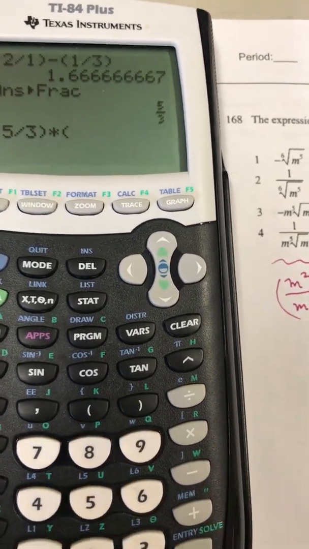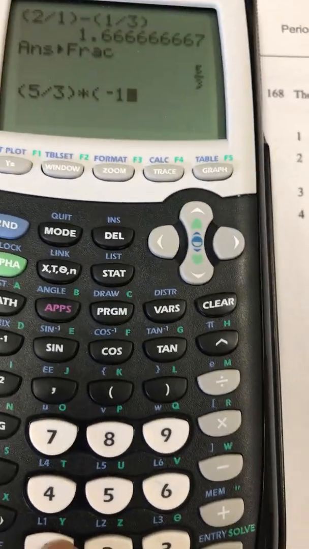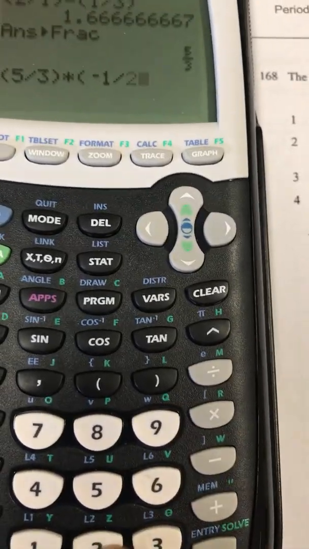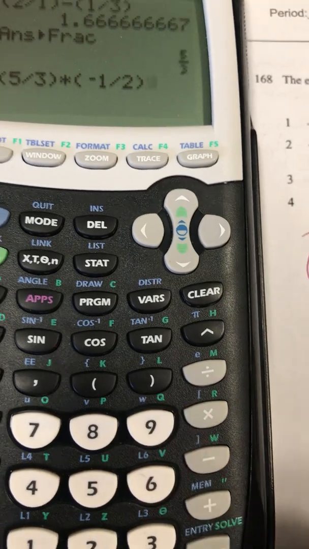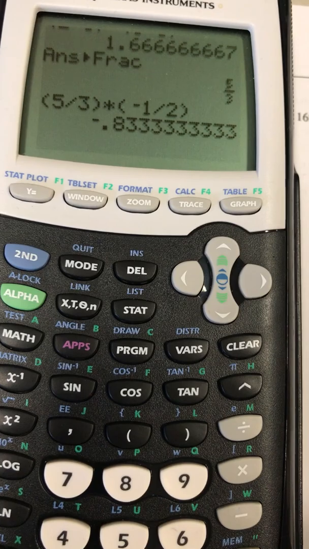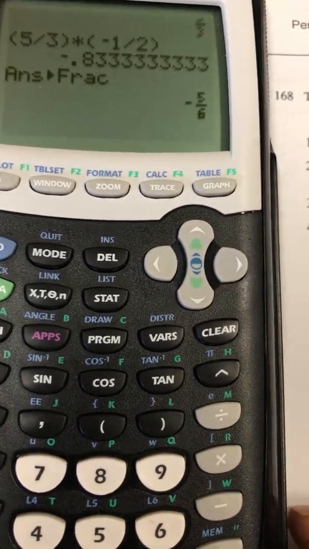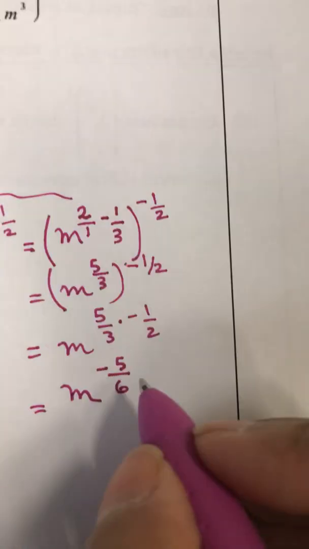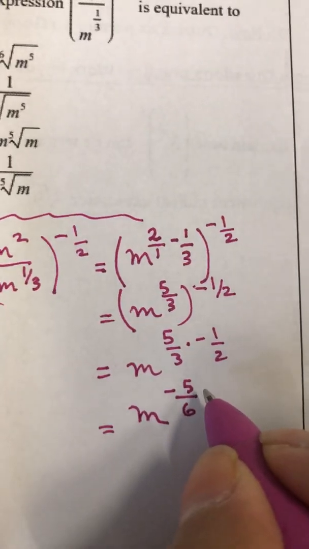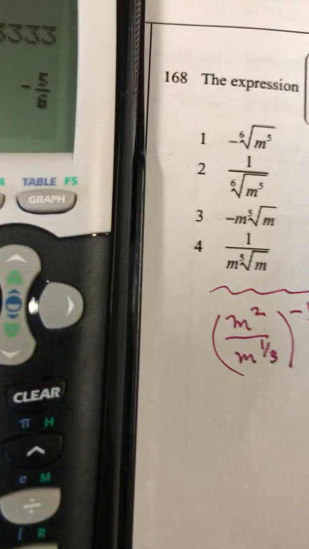So multiplied by the negative, this is the negative sign we're going to use, not the minus. Be careful. 2, and I end up with negative 0.833, which again, go to math, fraction, should give me negative 5 over 6. So let's check what happens when I apply my power rule here. Yeah, I did get negative 5 over 6.